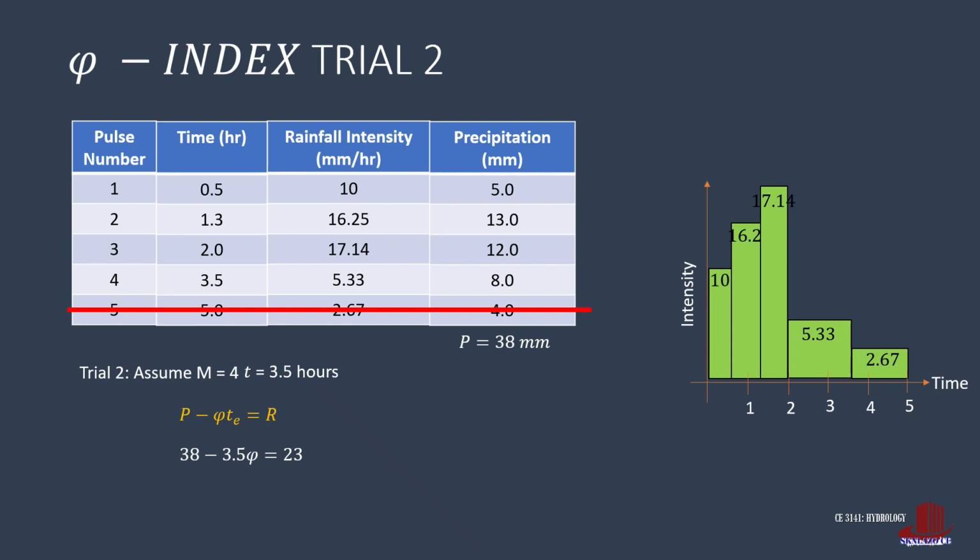And by rearranging terms, we have phi as 38 less 23 divided by 3.5. And it yields 4.29 millimeters per hour. With a constant index of 4.29, all the 4 pulses have rainfall excess, which can be converted into runoff. Thus, the phi index is 4.29 millimeters per hour.